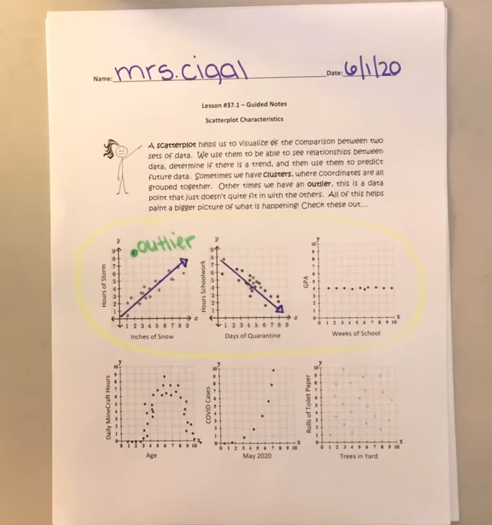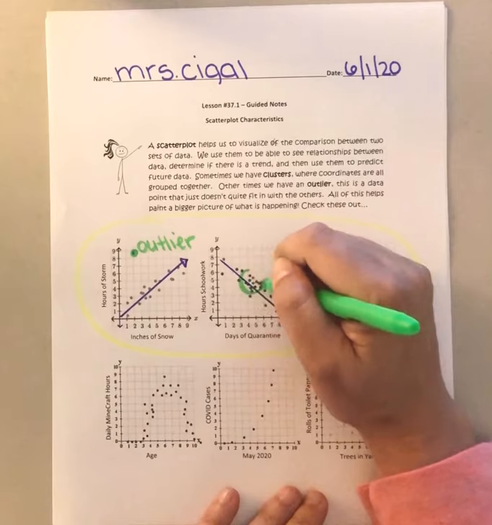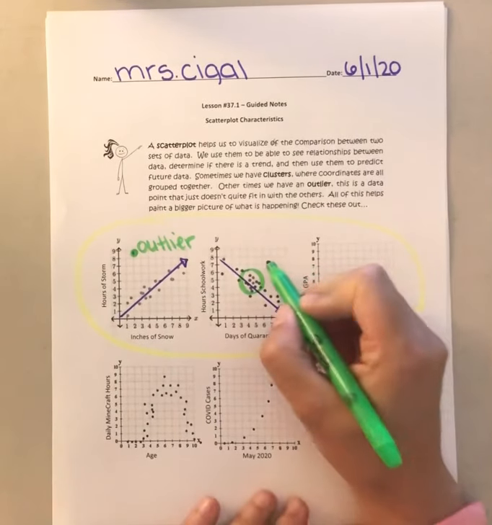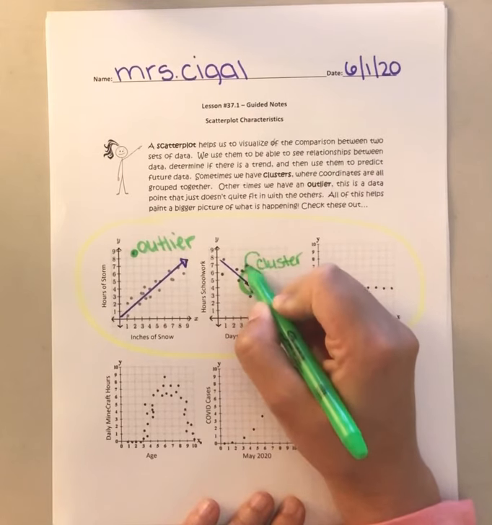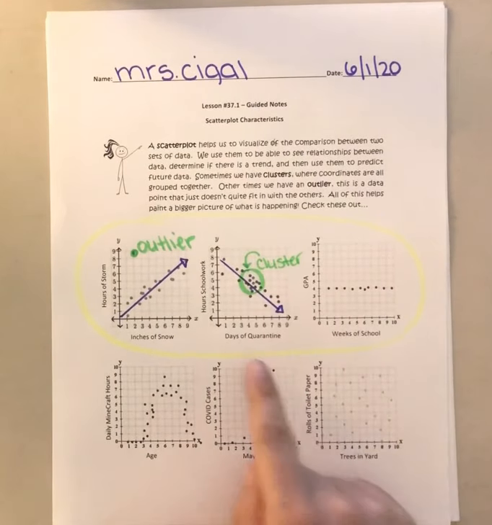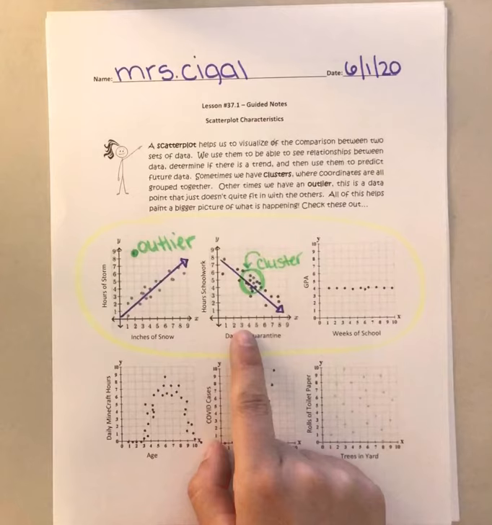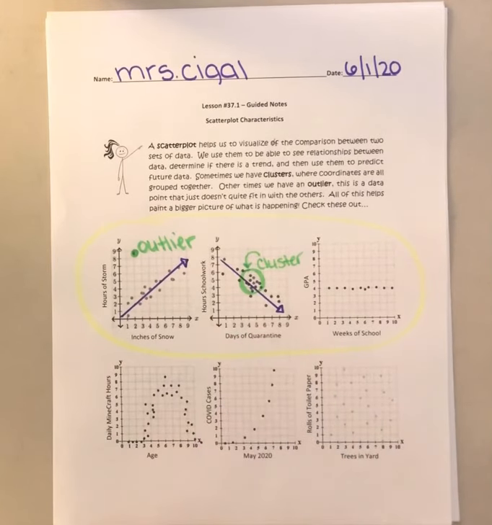I don't really see any outliers there, but what I do see is we've got a lot of data all clustered together, especially right there. So we're going to say we've got a cluster of data, and it's all happening right here, somewhere between maybe 4 and 6 days of quarantine. We've got a lot of data there. So we've got a negative linear trend.